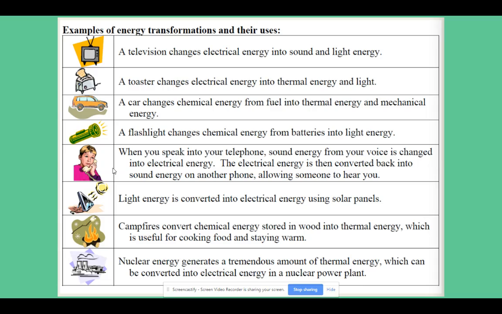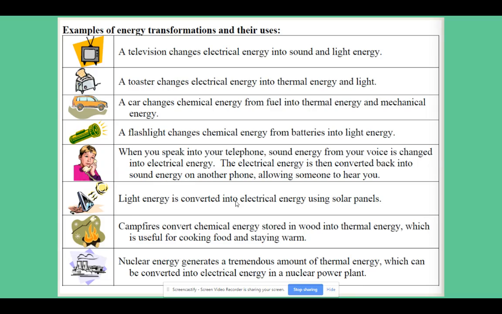That's sound energy. That gets changed into electrical energy in the phone. The electrical energy travels down the line and gets converted back into sound energy or kinetic energy for someone else to hear you. Same thing would be true if you were talking through a walkie-talkie or a cell phone, except now it's not electrical energy, it's electromagnetic energy. It sends radio waves when you're talking on a walkie-talkie or a cell phone.